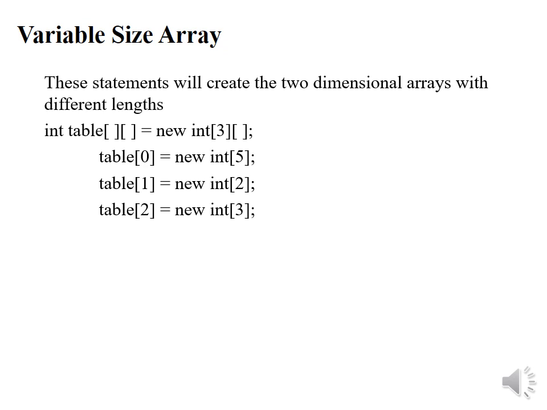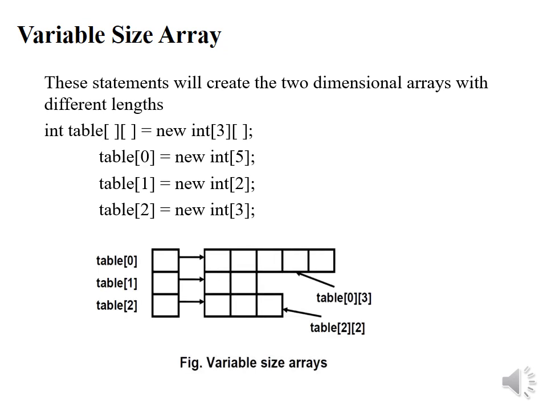So this flexibility is also provided by Java, that each and every row may be allocated a different number of columns. Let's take a representation of this array. Suppose this is my table array. Table of 0, 1 and 2 are the three rows on the very left side.